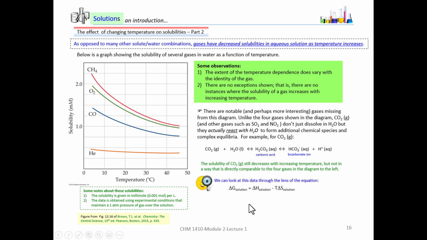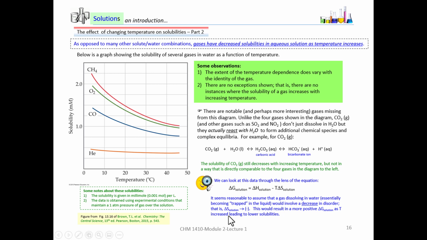We can look at this data also through the lens of our equation, delta G of solution equals delta H of solution minus T delta S of solution. It's reasonable to assume that a gas, which is very disordered, dissolving in water, essentially becoming trapped in the liquid, would involve a decrease in disorder.